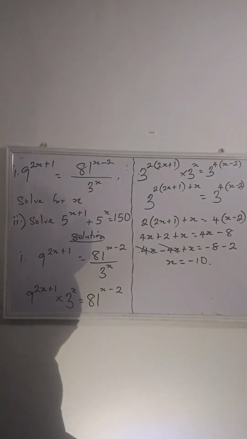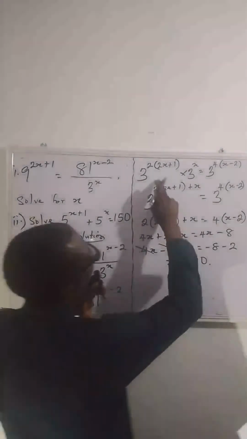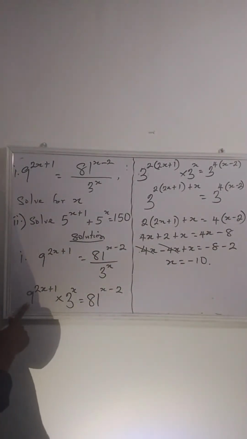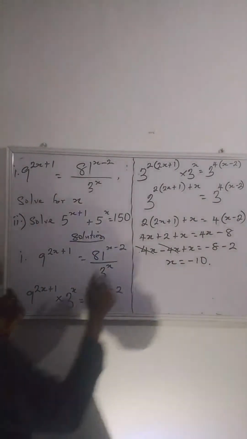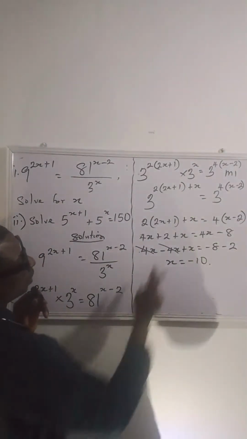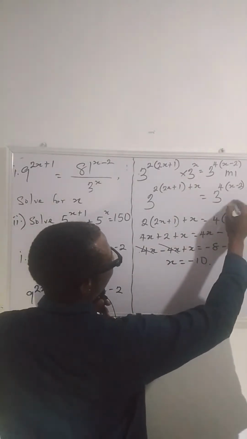Okay, so how do we award marks to this? The first thing is for applying law of indices here, because now these have been expressed in index form. So you award M1 here. For equating, we award another M1.